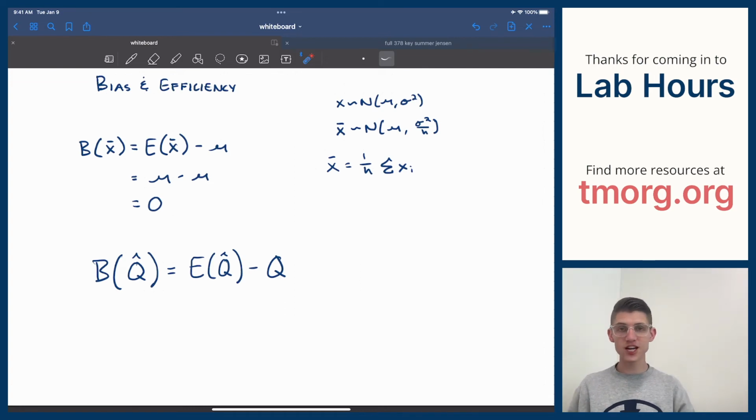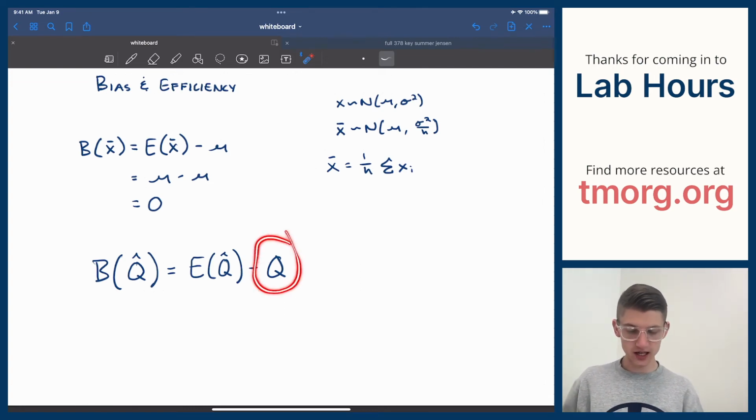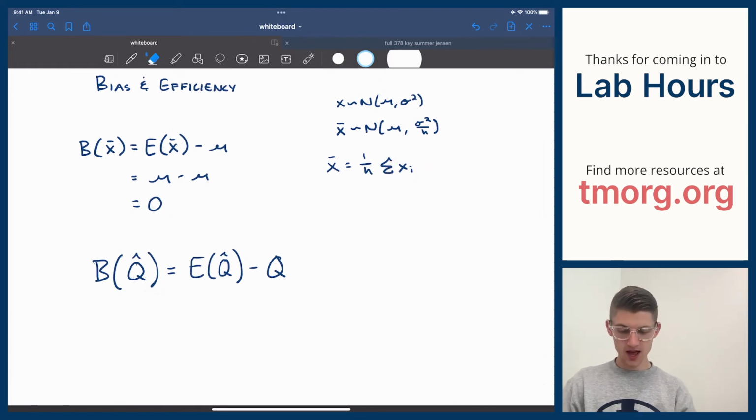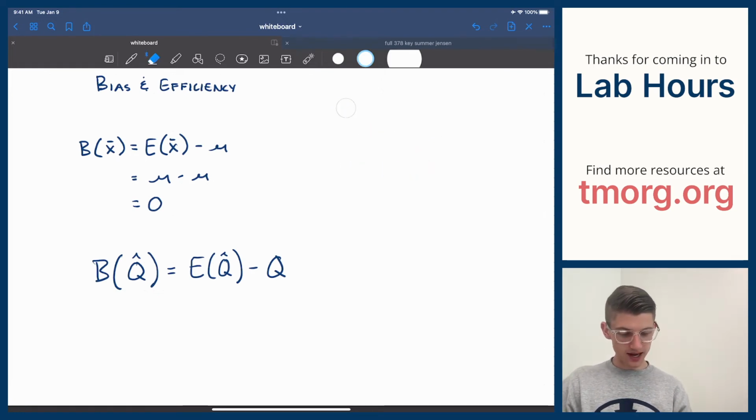You could do pretty much anything as an estimator, depending on what q is and what you're trying to see. But it's in taking this expected value that you get into the world of true q's, just like we did a second ago with moving from x bar into the expected value of x bar into the world of parameters by getting all the mu's from all the xi's. So that is how you calculate the bias of an estimator.